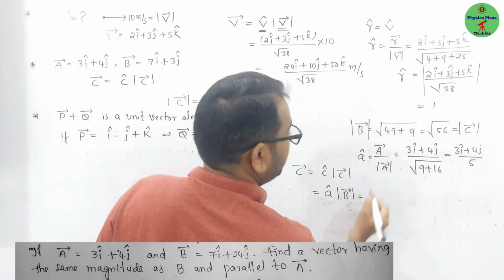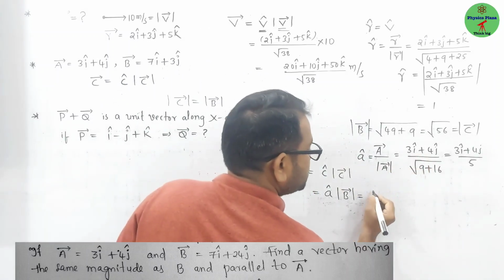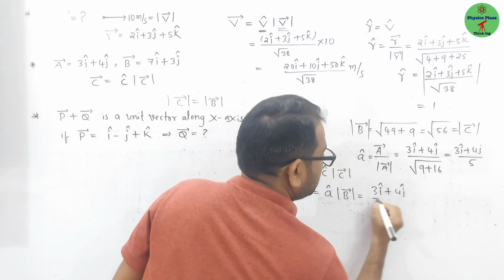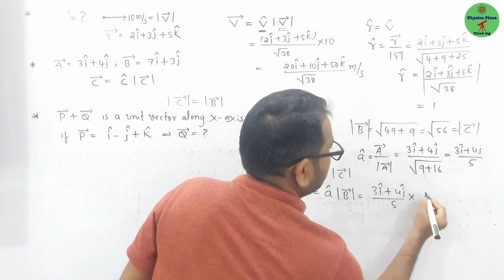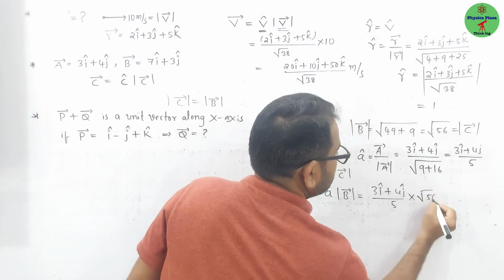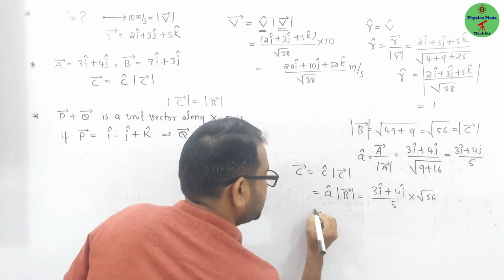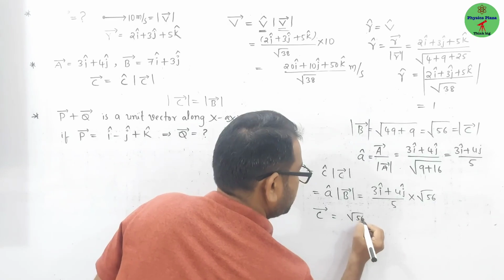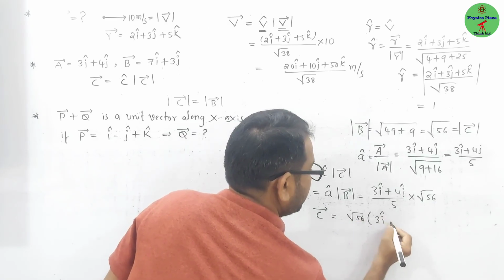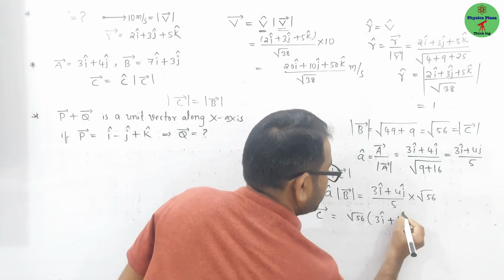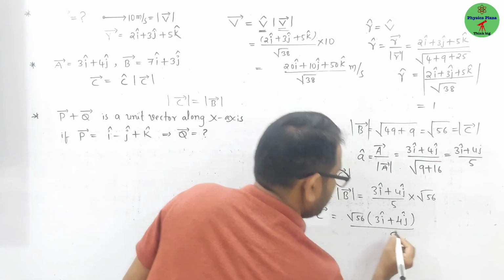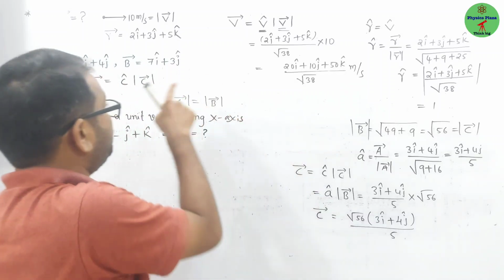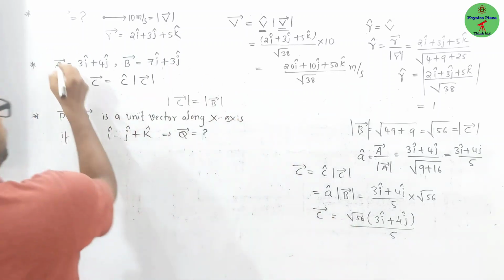So the vector is 3i cap plus 4j cap by 5 into root 56. So simply we can write the vector C is equal to root 56 into 3i cap plus 4j cap by 5. So now this is a vector C whose magnitude is equal to the magnitude of B and which is parallel to the vector A.